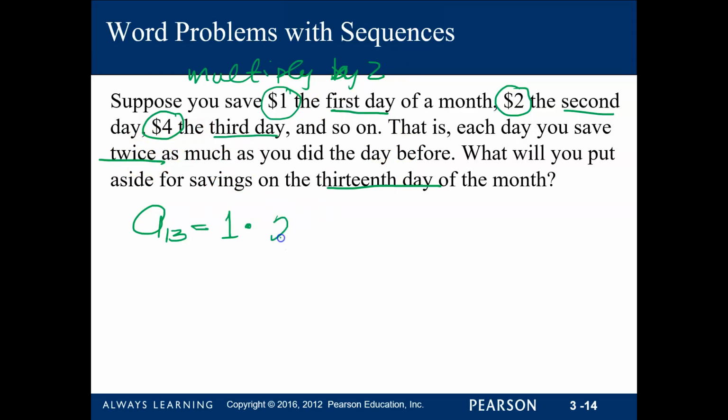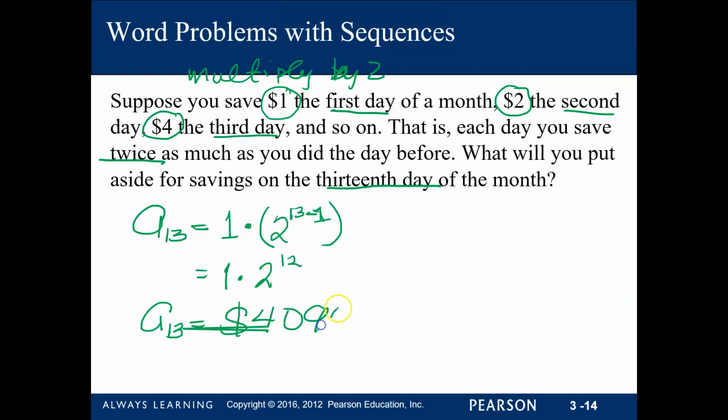So 2 needs to be raised to what? 13 minus 1. And so this will be 1 times, pretty much we can ignore the 1, since we just will have 2 raised to the 12th power. And if you use your calculator to evaluate 2 to the 12th power, that is 4,096. So on the 13th day, you will be saving 4,096 already, just for the 13th day.